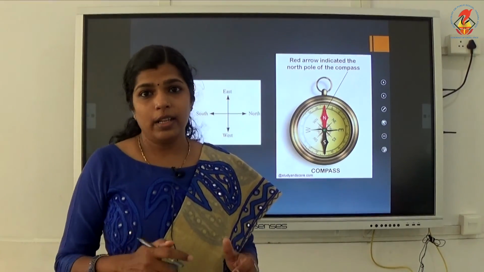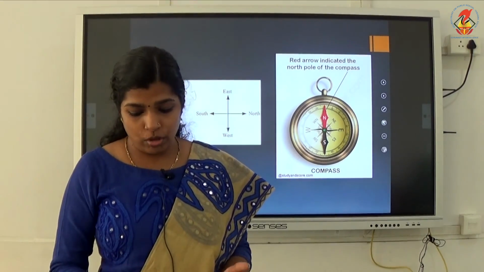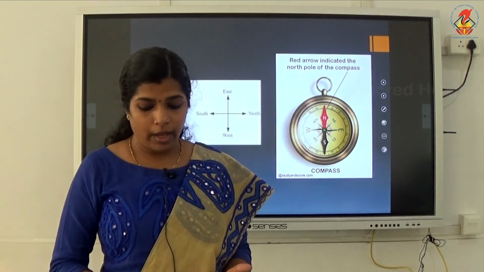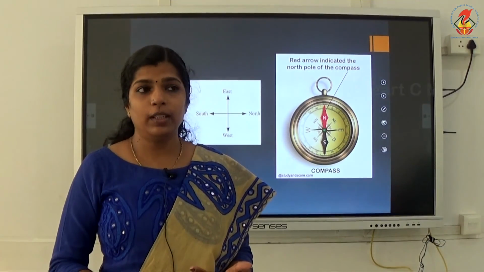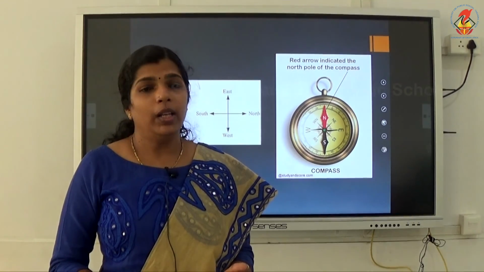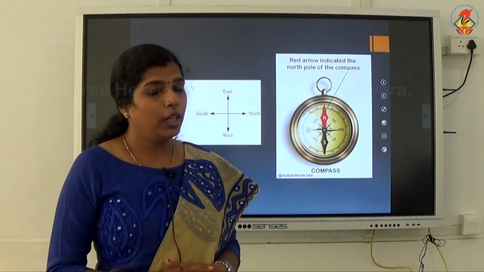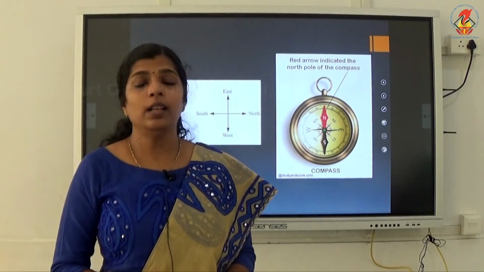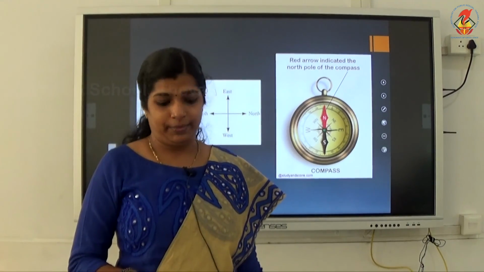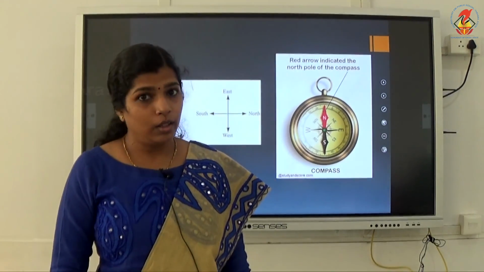The reason is that finding direction through stars is confusing as well as not accurate. Sometimes it may lead to confusion. So, in order to avoid that, we can use a compass needle to find the direction. That is about the magnetic compass.